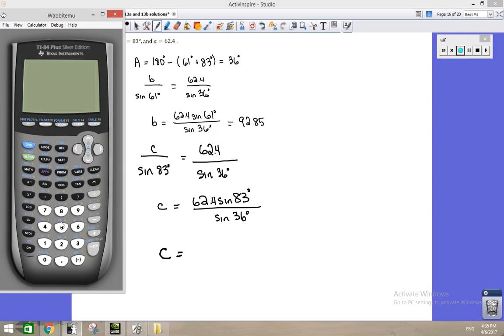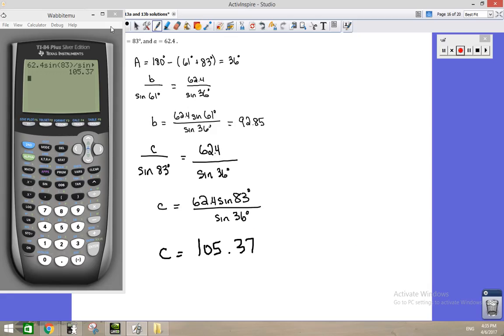So 62.4 times the sine of 83, and this is what I'm talking about, closing the parenthesis, and then dividing by the denominator, the sine of 36 degrees. It doesn't care whether I close that final parenthesis there. So the length of side C is 105.37 units, whatever they are.